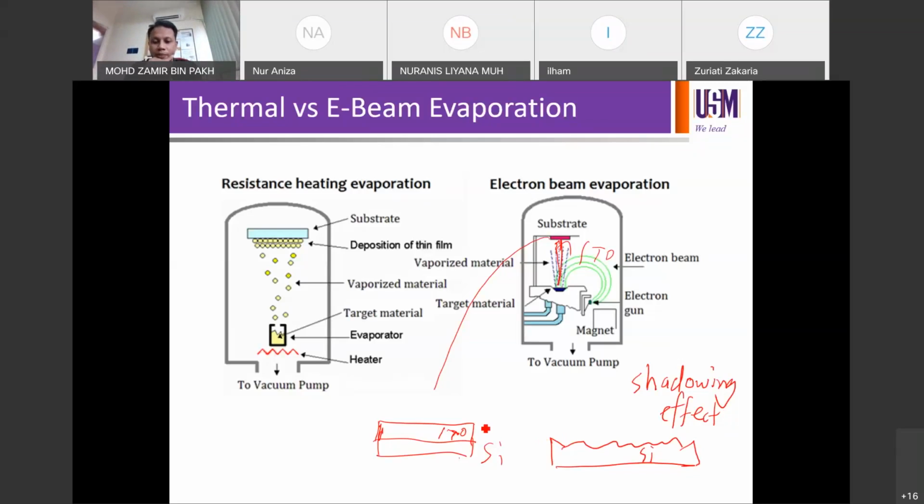Say you intend to deposit around 100 nanometers of ITO. Some areas will have 100 nanometers as intended, but some other areas, particularly on the steep angle, only have like 30 nanometers.